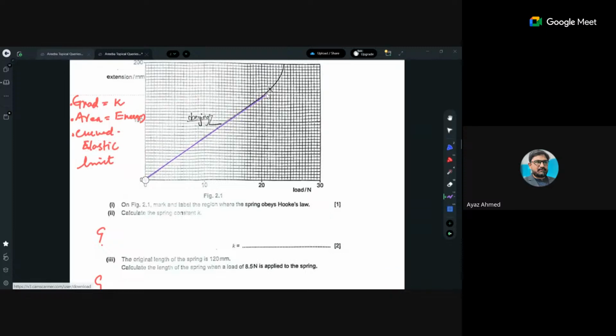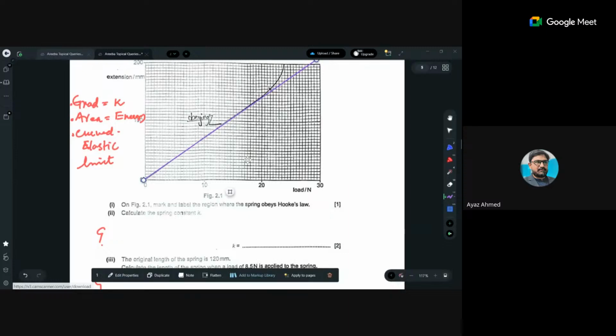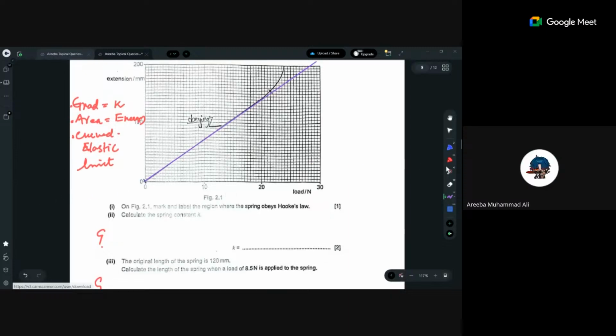Here is the point where the straight line is getting out of contact with the ruler. You will just mark this point. This is the elastic limit, the limit of proportionality, you can say.